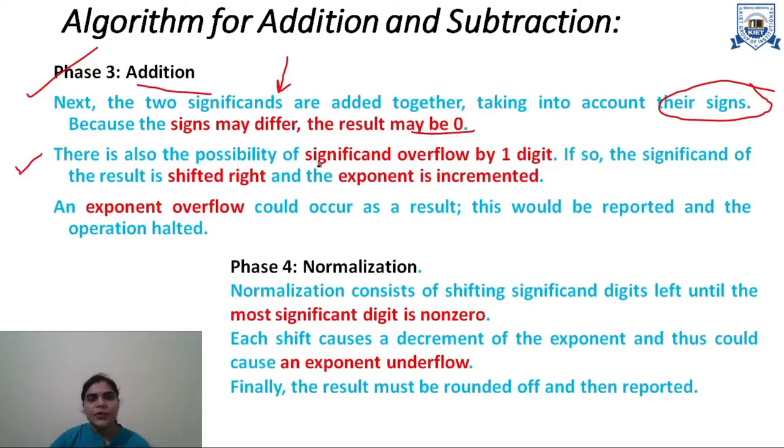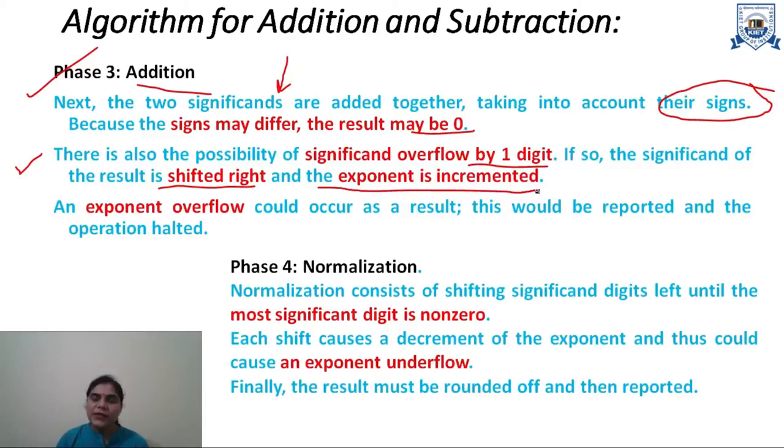This is called significand overflow, and it can occur by one digit. When two significands are added and a carry is produced from the MSB, then significand overflow occurs. If so, the significand of the result is shifted right and the exponent is incremented.